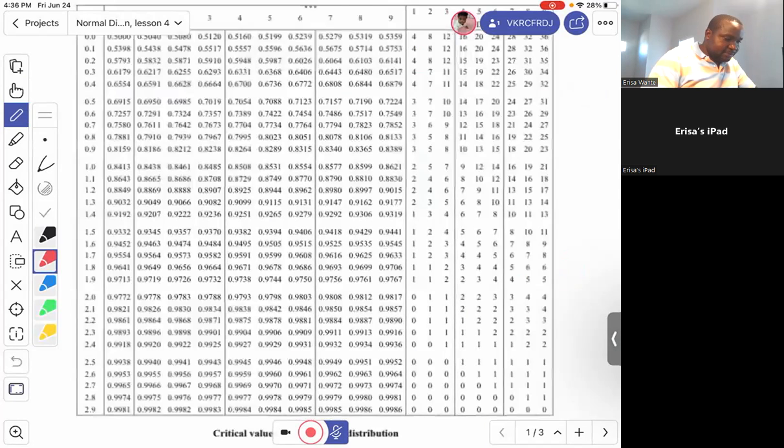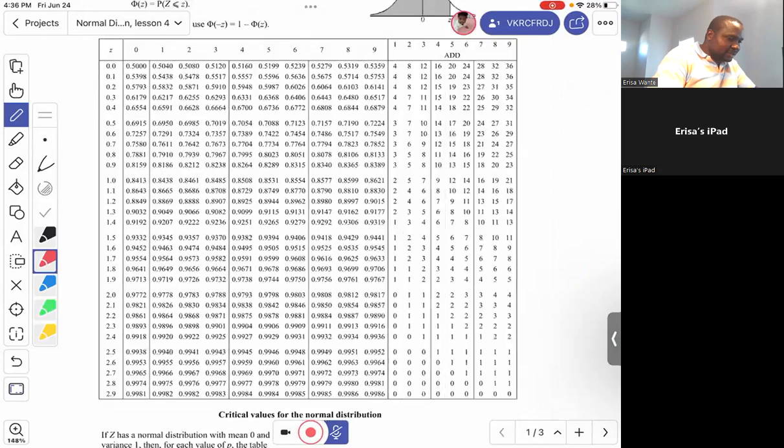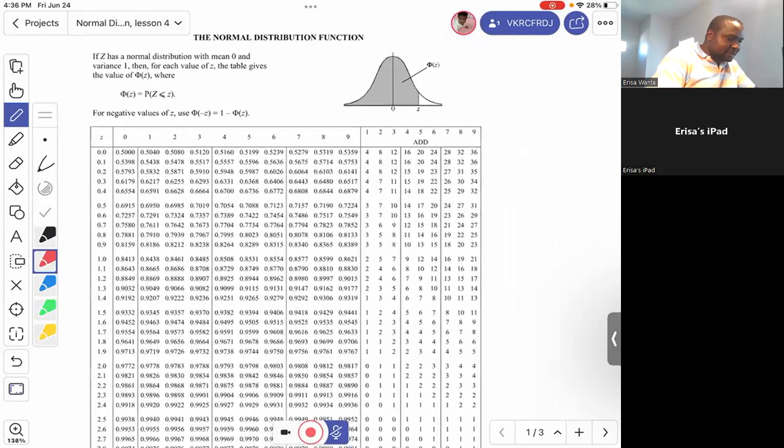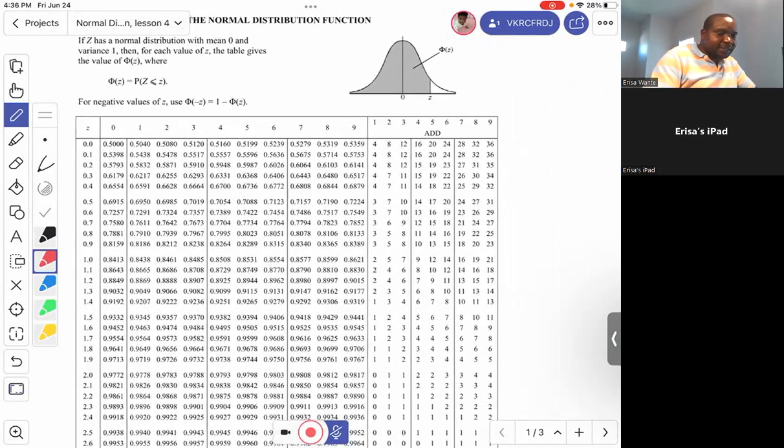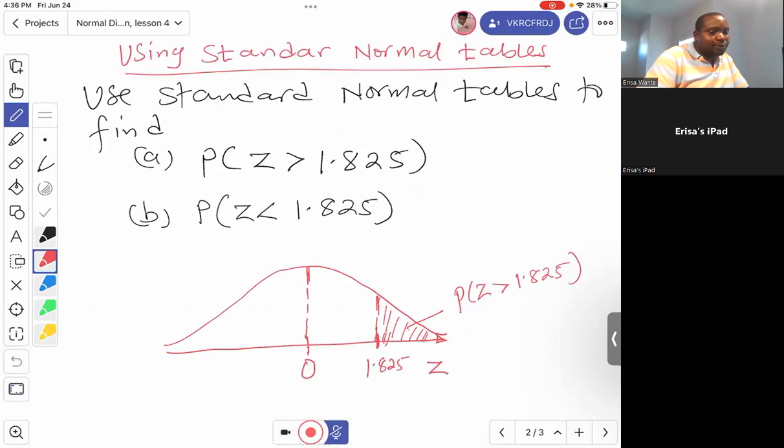Let me take this table. I have this table right here. When you look at this table, the shaded part is reading from negative infinity going up to a particular Z value, so it reads the whole of that area. Now, how do we make use of this? We want the probability that Z is more than 1.825.